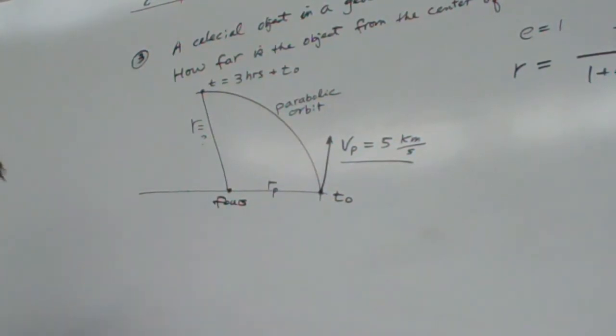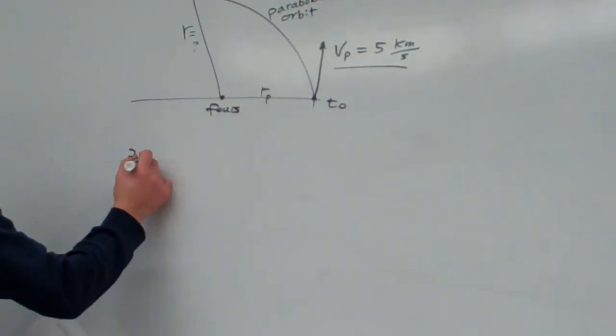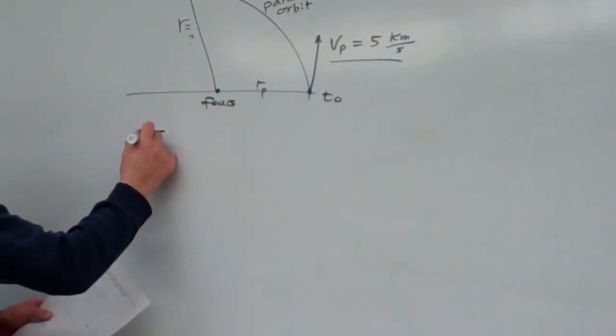Let me write up Kepler's equations. For a parabolic orbit, the Kepler equation is this.